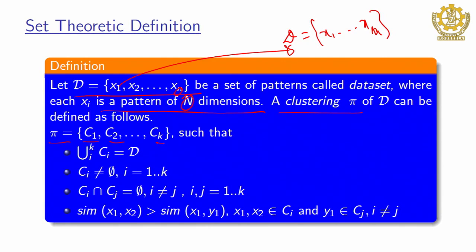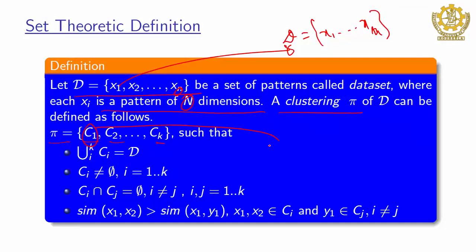Earlier we studied what a cluster is: a group of objects is called a cluster. So each C i is a cluster, a group of objects, and then we get a number of clusters k.